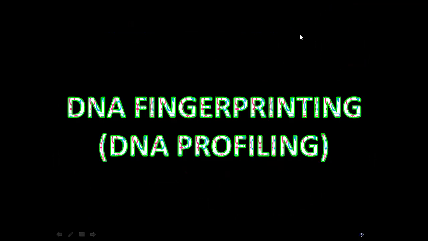Before going to DNA fingerprinting, I'll give a brief on what repetitive sequences actually are. We call the repetitive sequences genetic markers. First, let me show the repetitive sequences, and then what exactly we are going to do in this area. Let me go for a brief explanation, so I'm connecting to the board.